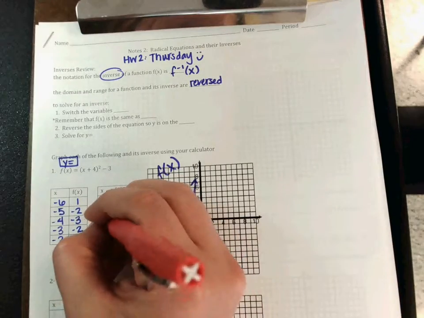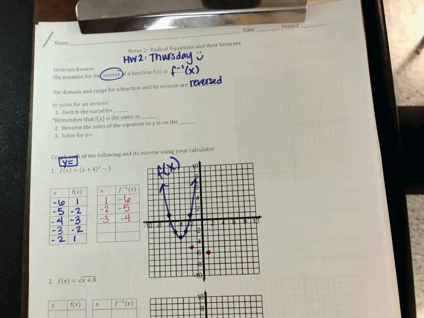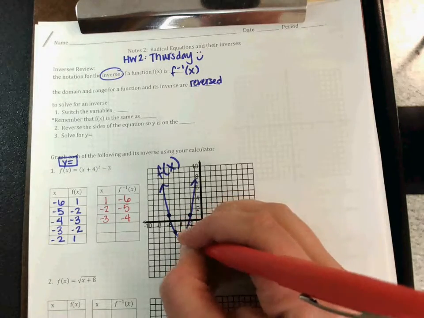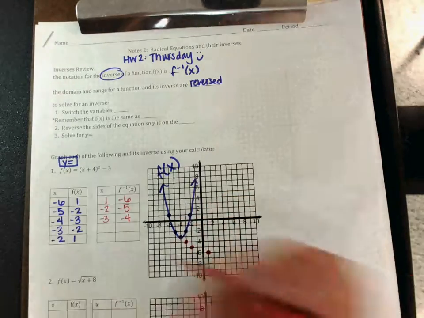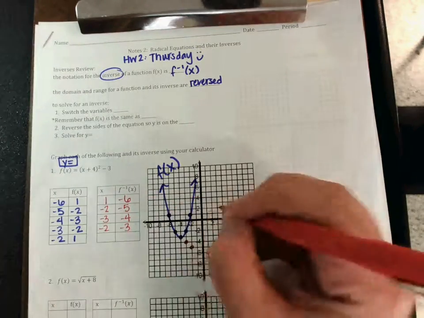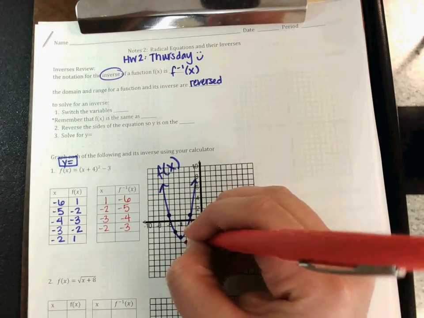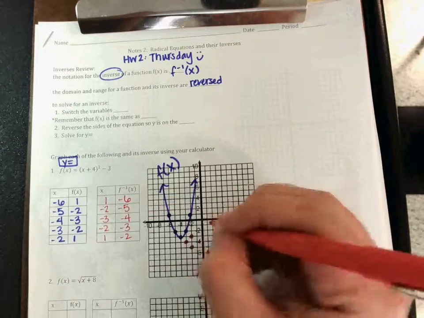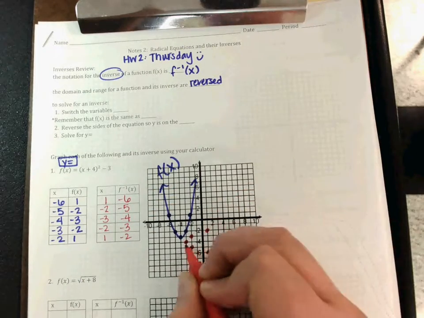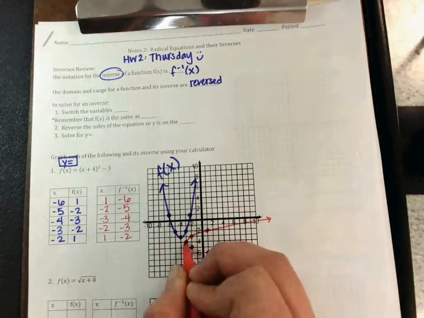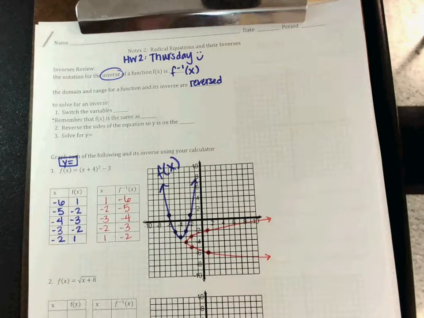It will be the same shape, but it'll be facing a different direction. Okay, so -3, -4, -2, -3, and then 1, -2. Okay?